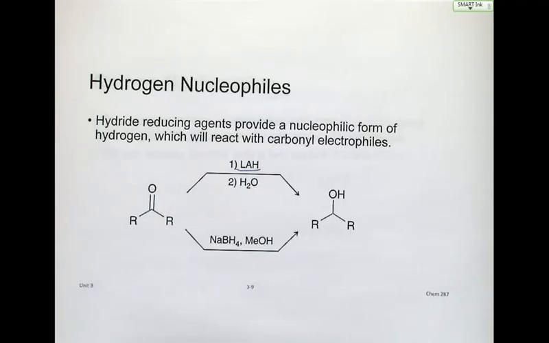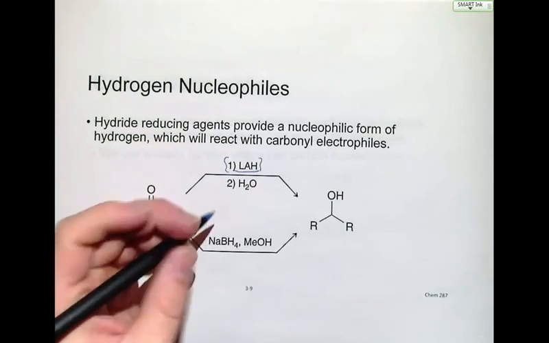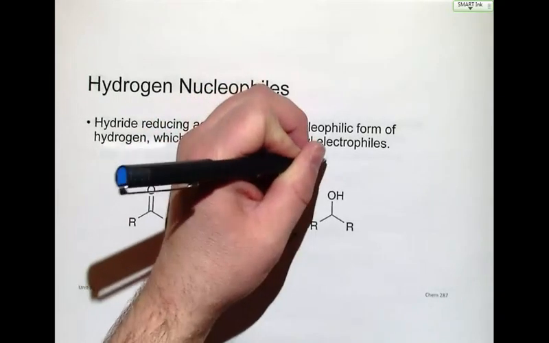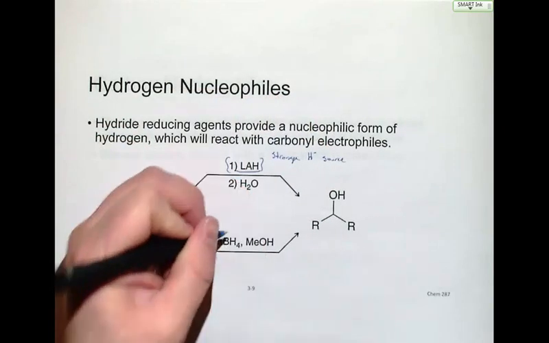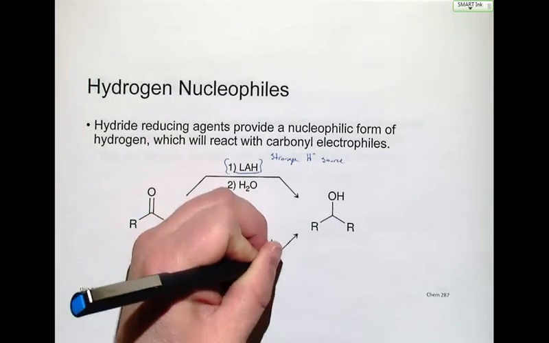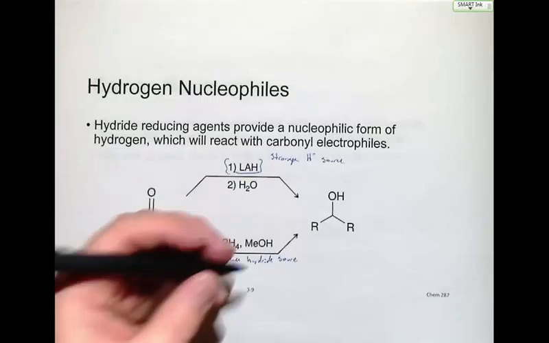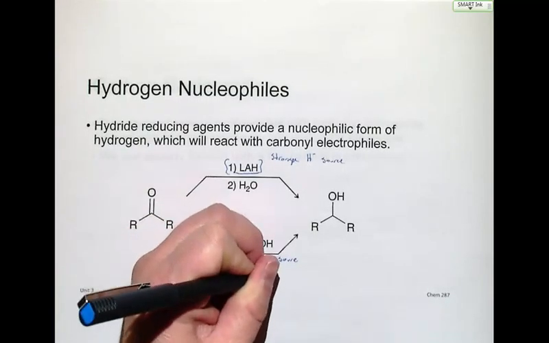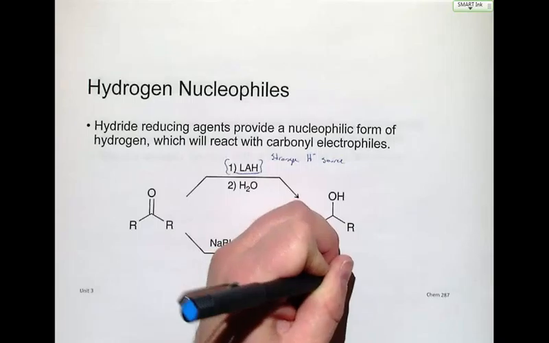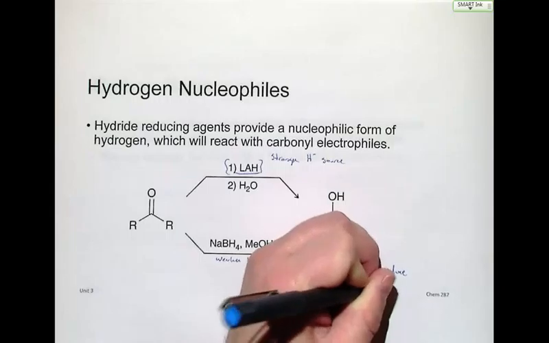Which is the more powerful reducing agent? LAH or sodium borohydride. Yeah, this is stronger. This is a stronger hydride source. This is a weaker. So sodium borohydride, more selective, i.e., won't reduce esters.